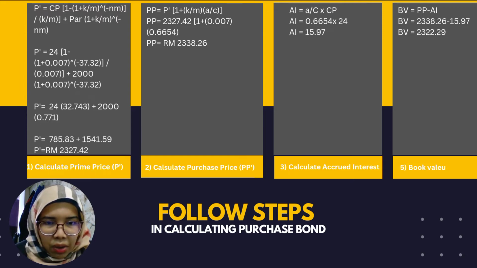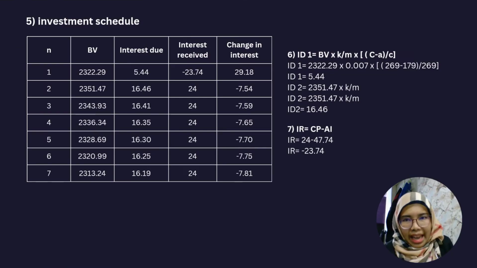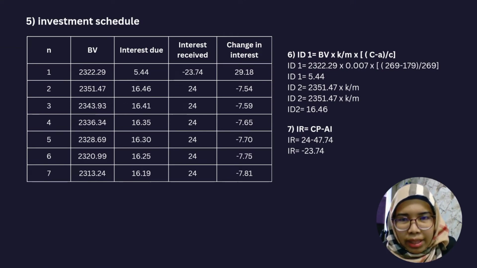And then we need to calculate accrued interest, and lastly book value. After you get accrued interest and book value, for the last step, you need to make an investment schedule like this.